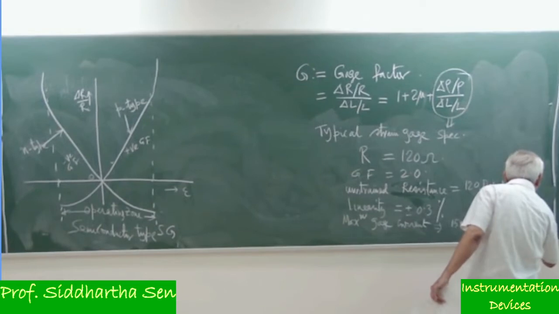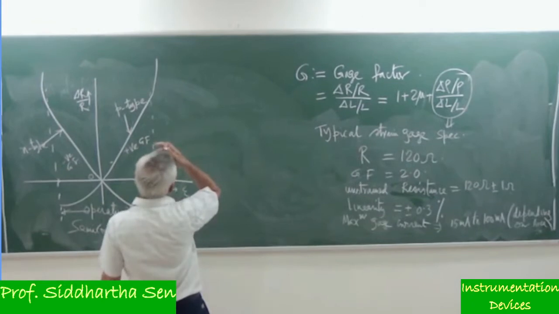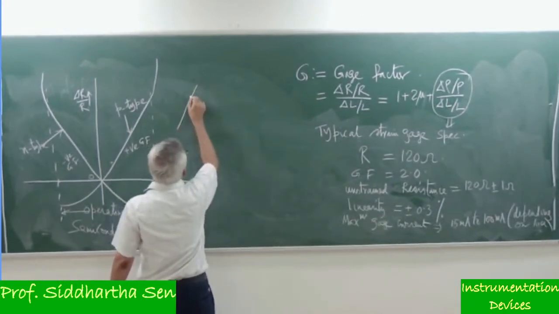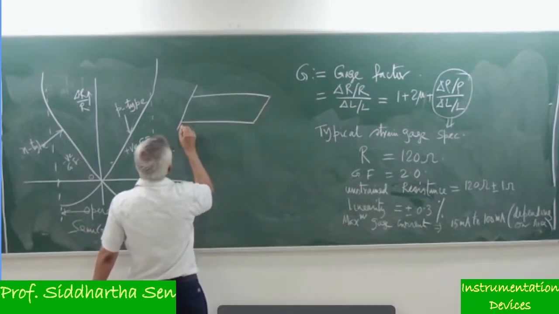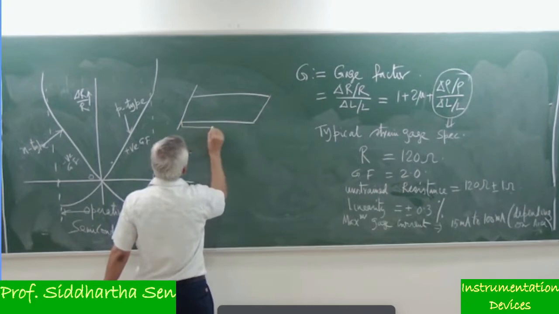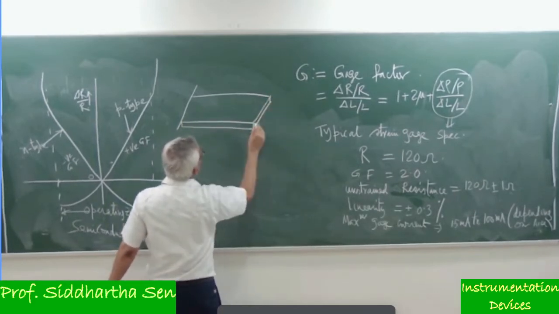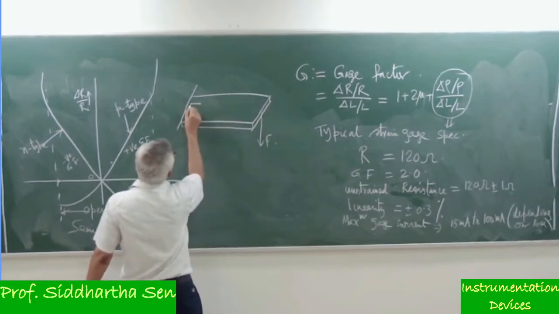What do you mean by area? We have a strain gauge. Say, suppose we have a cantilever beam. I will just show you a cantilever beam. This is a strain gauge here.